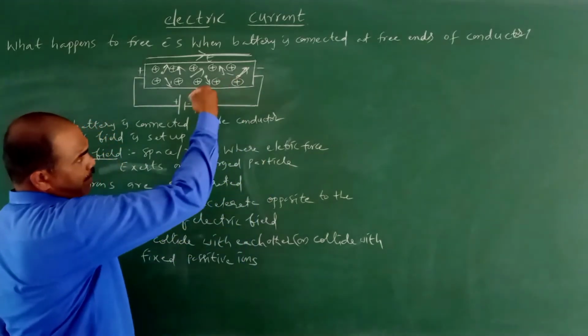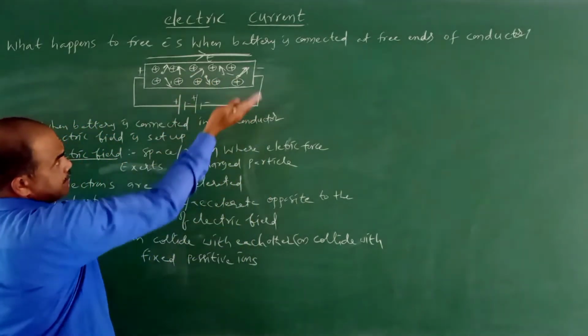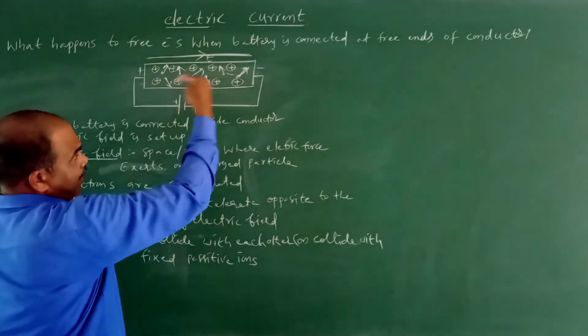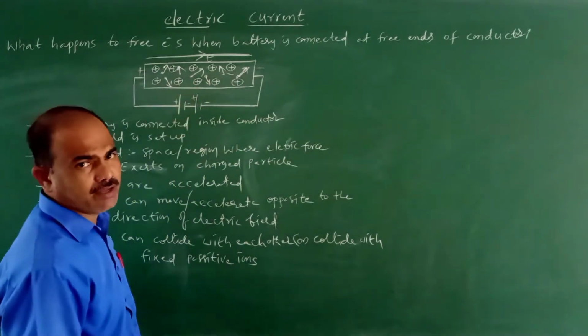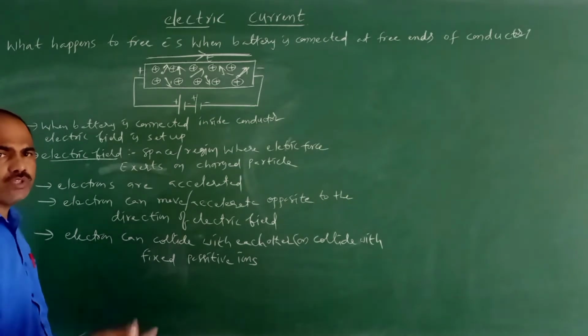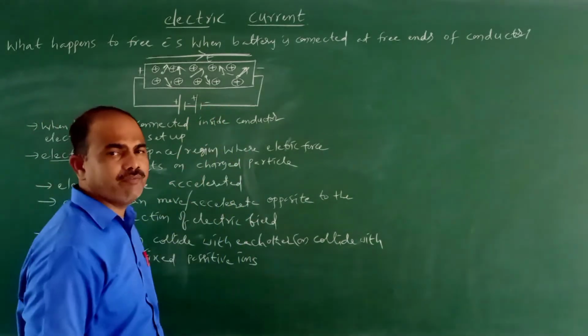Sometimes they may halt and come to rest, but because the electric field is applied continuously, they keep traveling opposite to the direction of the electric field. So they attain some average velocity. What will that average velocity be called? Drift speed or drift velocity.